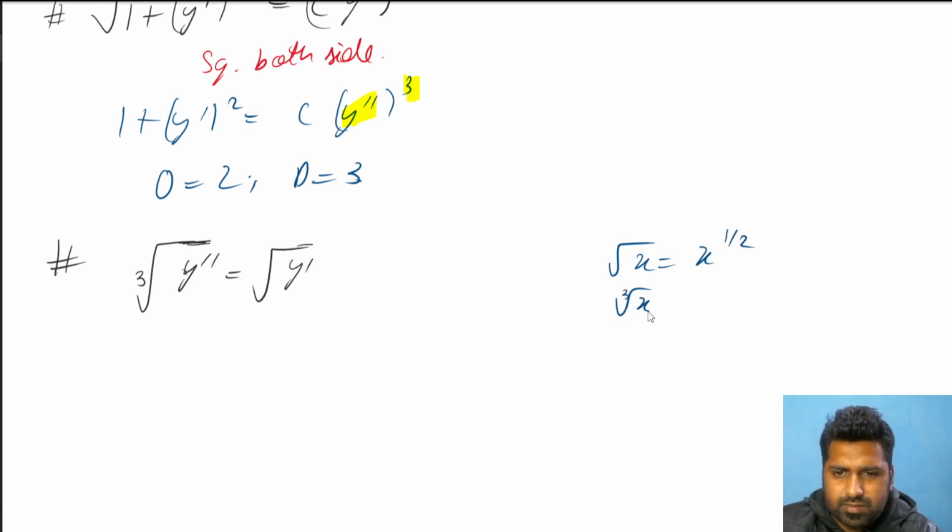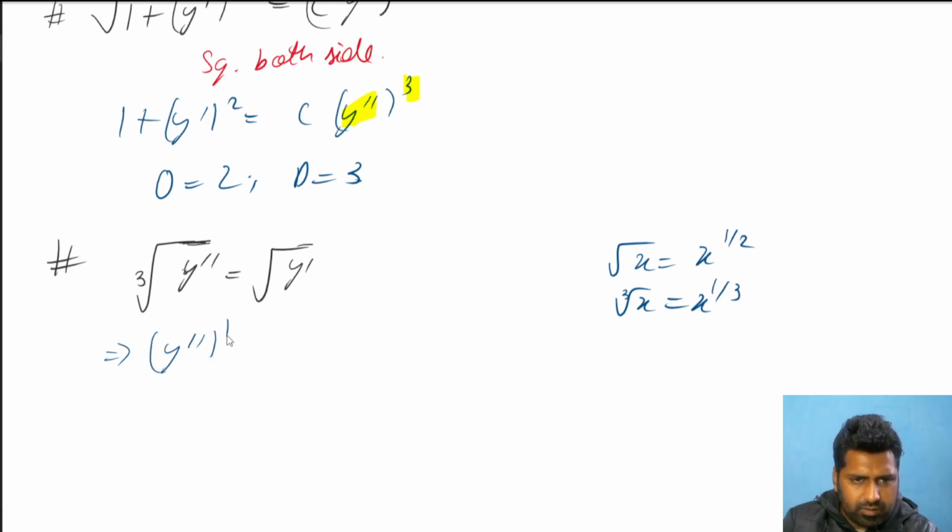Cube root of x means x raised to power 1 by 3. Now if I rewrite this, you'll say y double dash power is 1 by 3, y dash power is 1 by 2.